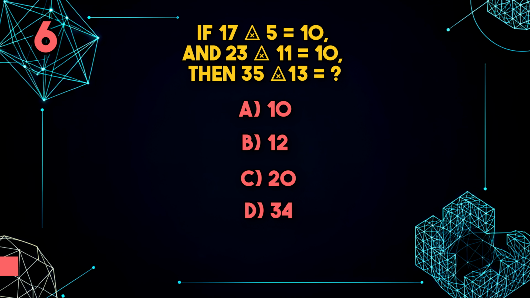If 17 triangle 5 equals 10 and 23 triangle 11 equals 10, then what does 35 triangle 13 equal to?